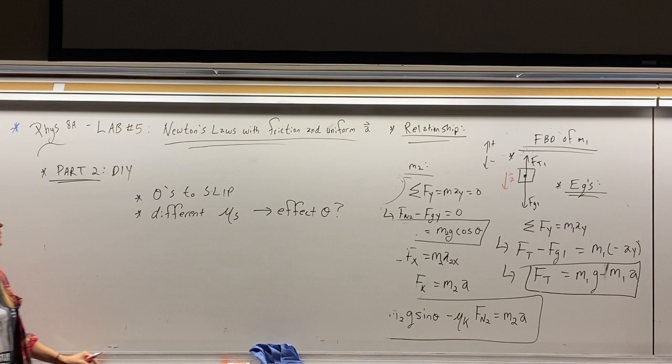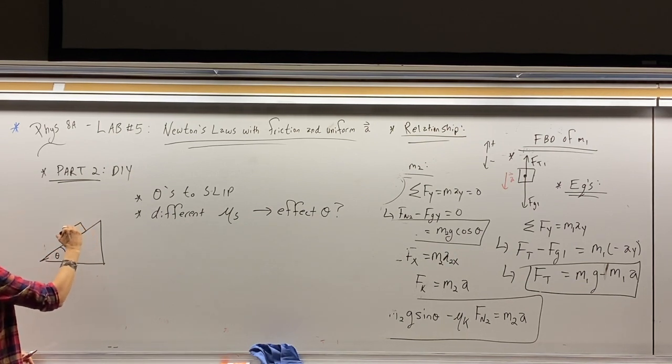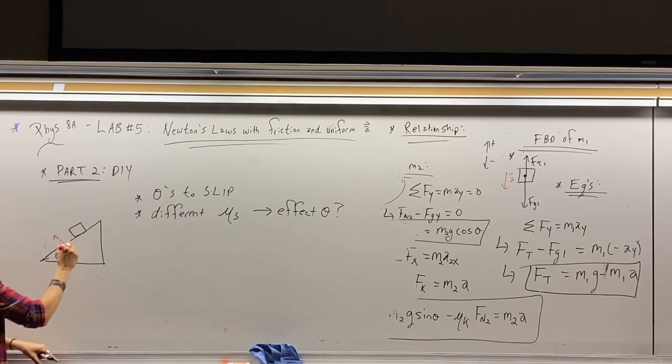Okay, we want to look at building a little ramp right here. So we have our angle, and we have some mass on that ramp that we build. Okay, and what happens as we increase that angle? If it's stuck right now, right? So it's stuck.